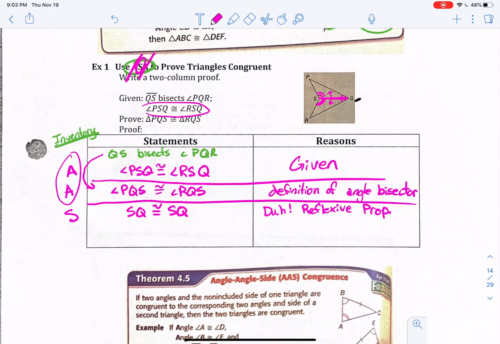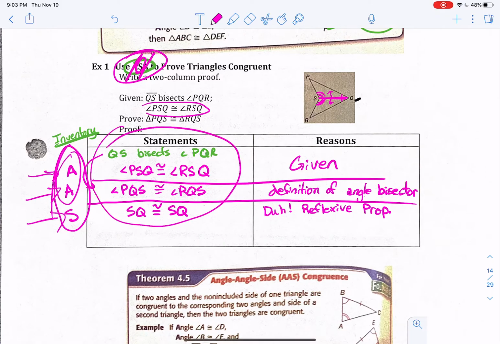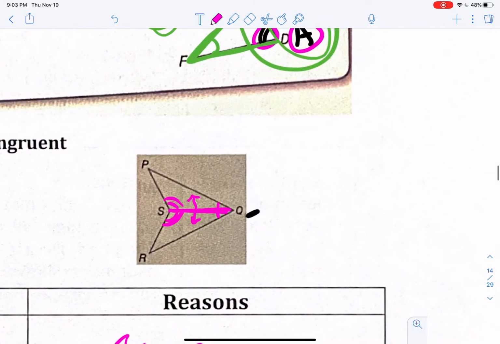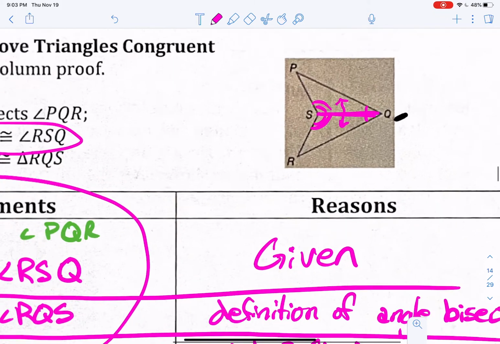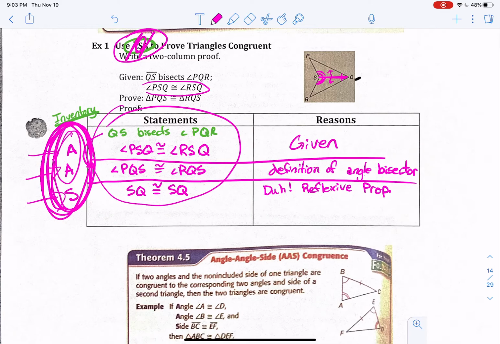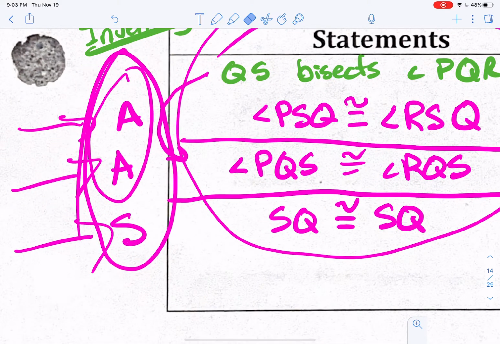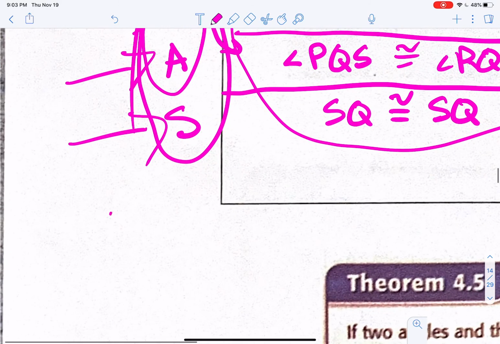Now sometimes the way that you put your inventory in order will not match the order up here. But just because the order in which the proof goes doesn't match, we always go by the way that it's presented on the diagram. So don't look at this inventory order to determine what it is.